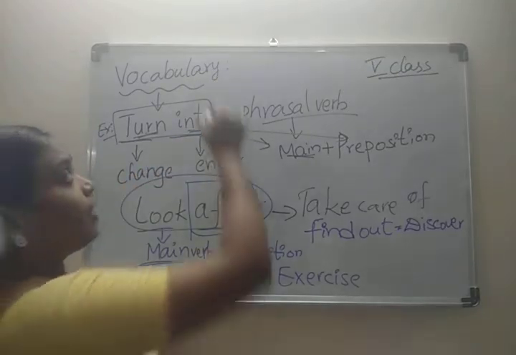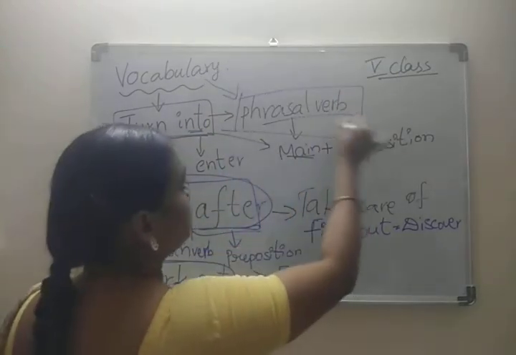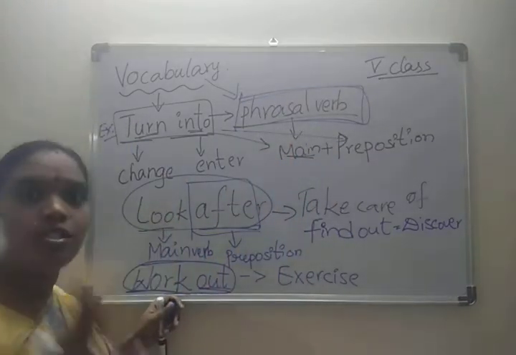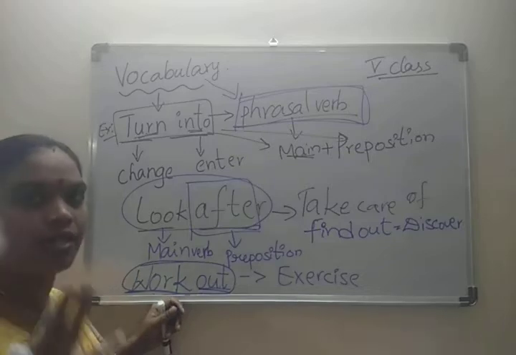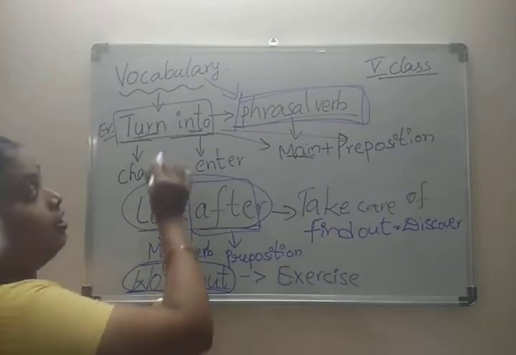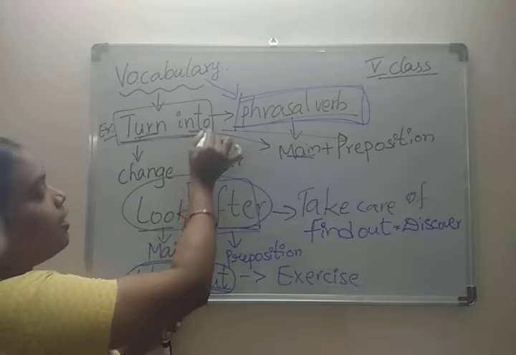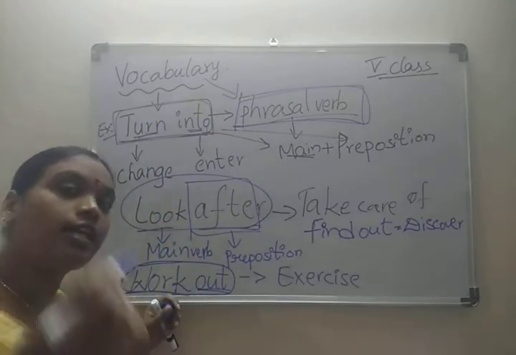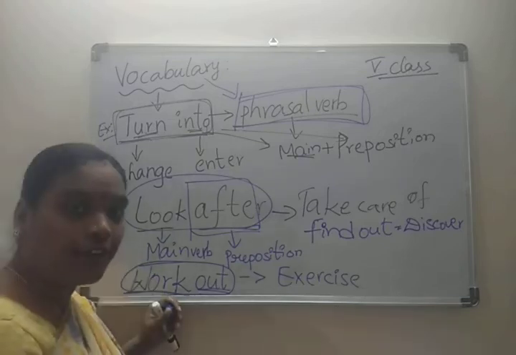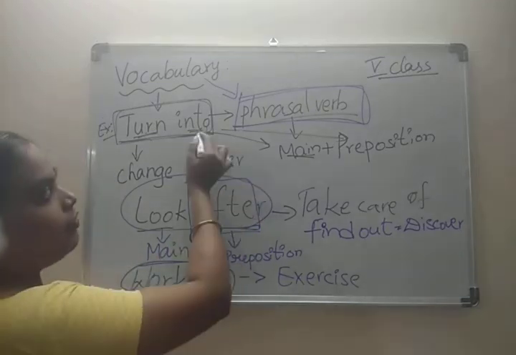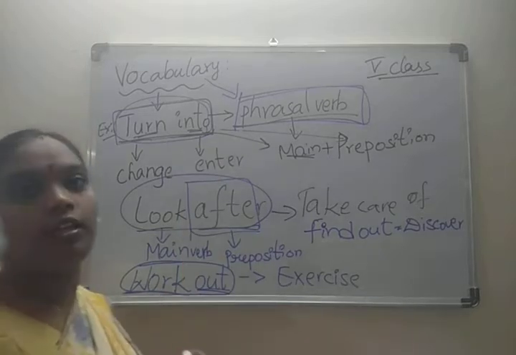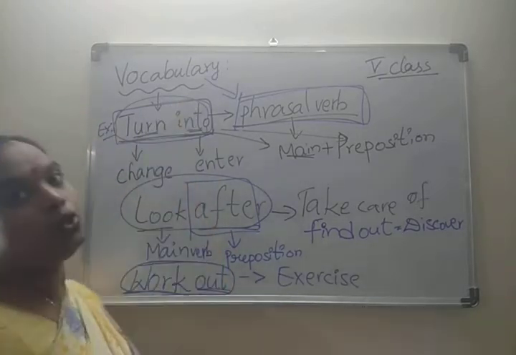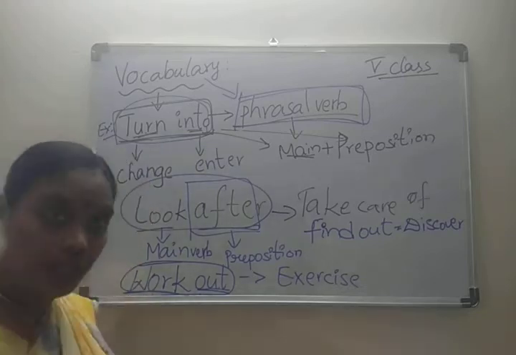So, what is our vocabulary part? Phrasal verbs. What is meant by phrasal verbs? It contains two words. One is a main verb, another is a preposition. Whenever we write or read them together, it has its own meaning. Actually, it has an individual meaning too, but it is different from the meaning when we write them together.